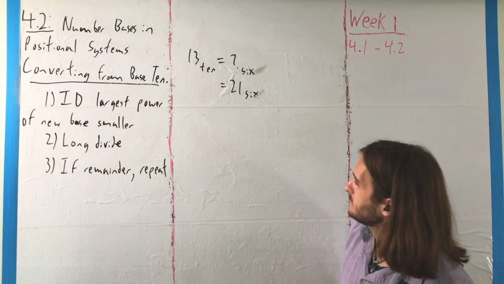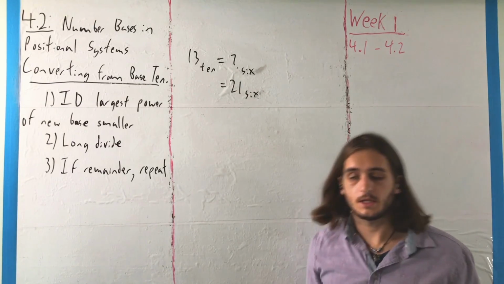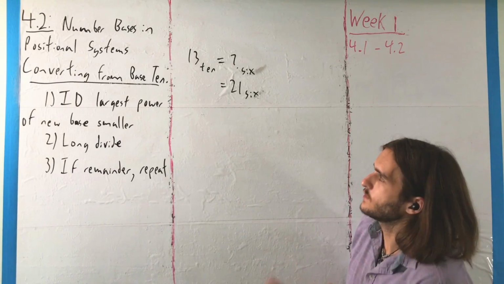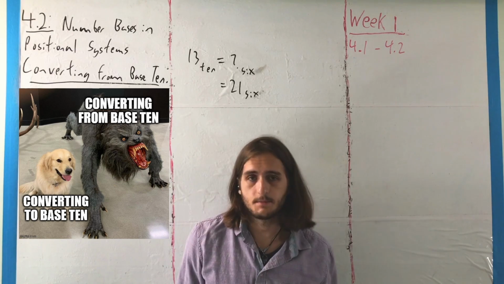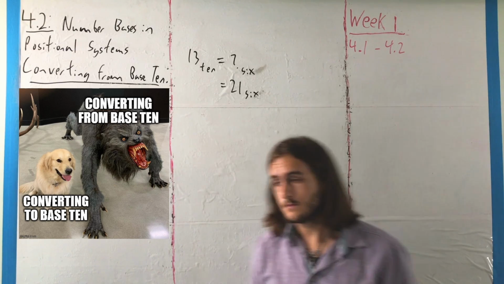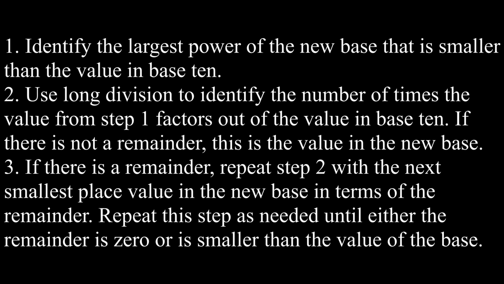But the point is, you had 2 6s and 1 other that fit into 13 base 10. And that's sort of the idea for any conversion. The problem is it's not always so obvious as with something that's small and manageable and near to the base itself. In general, if you want to run this conversion, what you have to do is start from your value base 10 and then identify the largest power of the new base that is still smaller than the value in base 10.